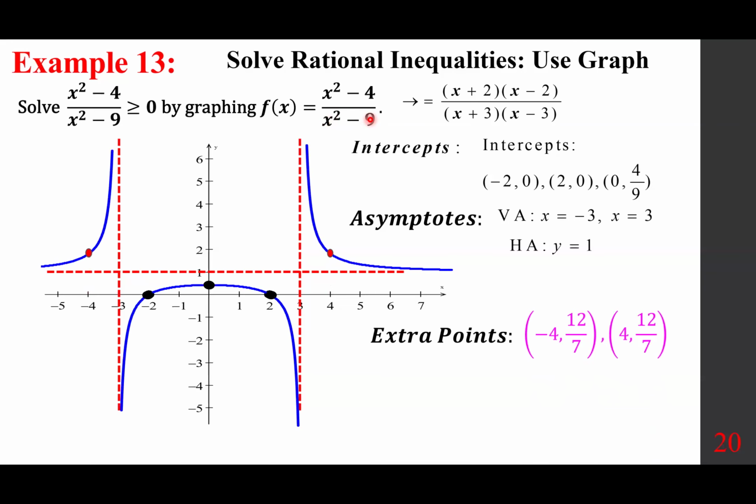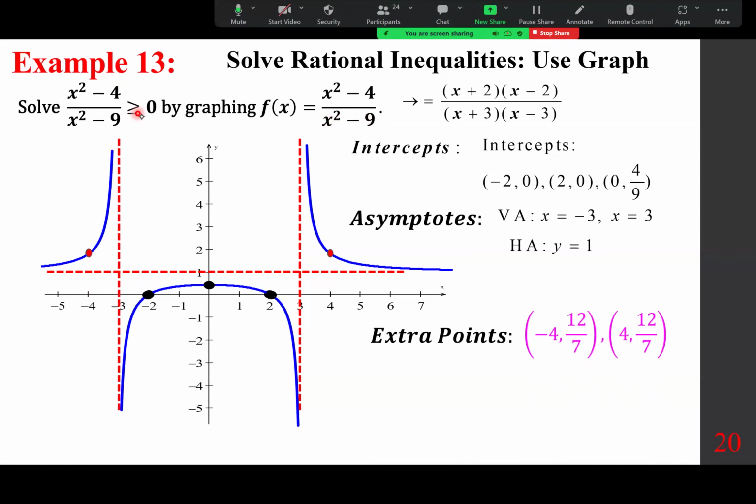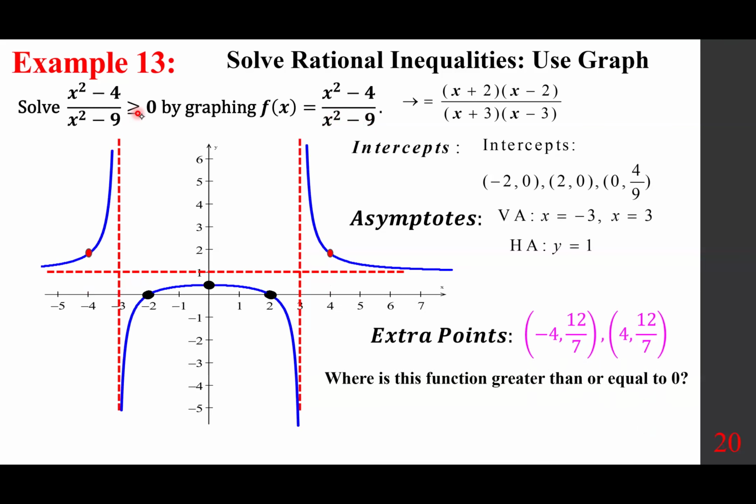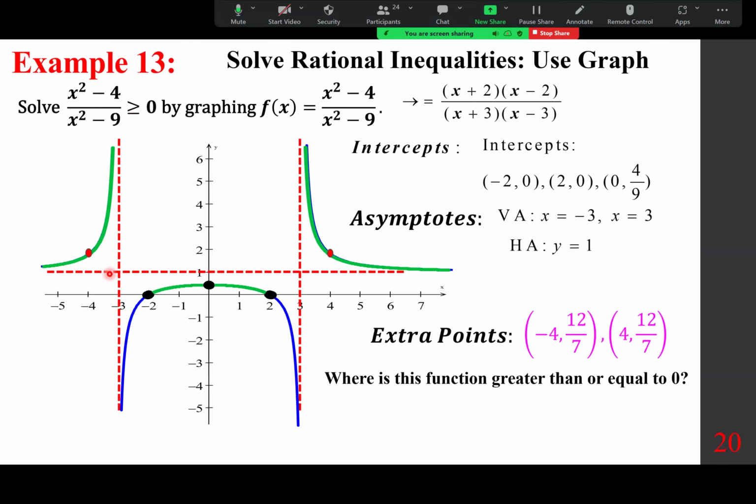Let's go back to the question. What are we interested in? Greater than or equal to 0. Which portion is above the x-axis? Where is this function greater than or equal to 0? These 3 portions in green. This means from negative infinity to −3, union from −2 to 2, where −2 and 2 are included because of the equality, and union 3 to infinity.